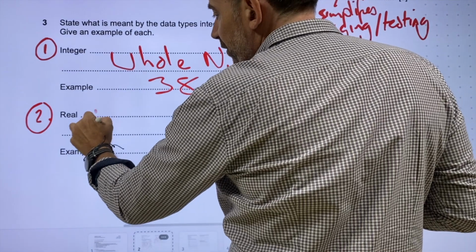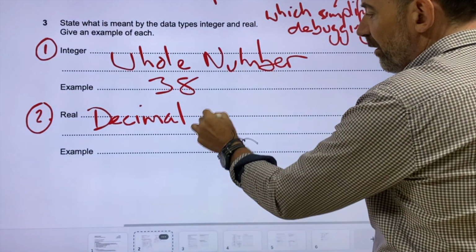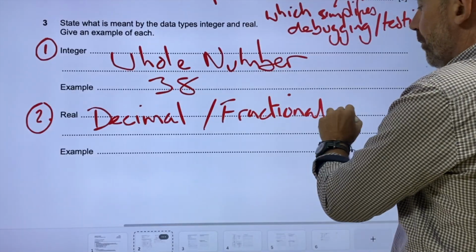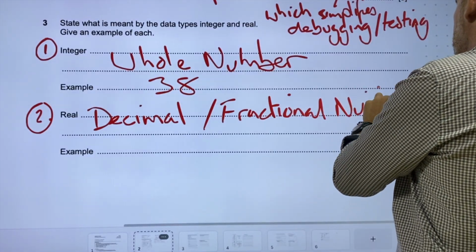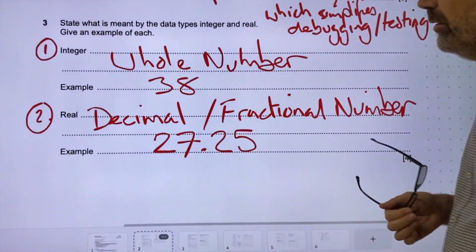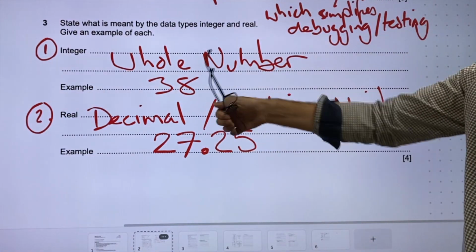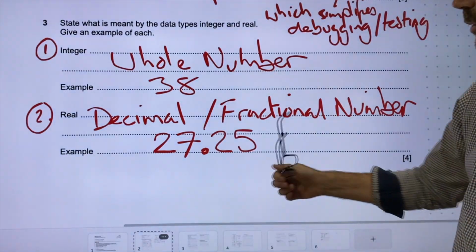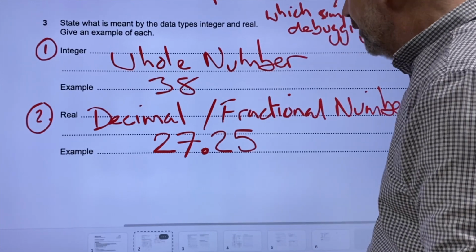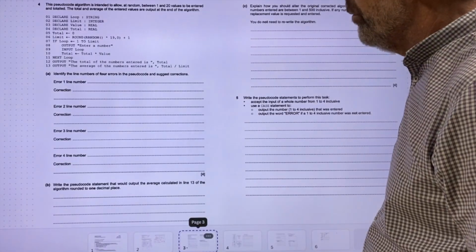And a real number is a decimal or a fractional number, 27.25. So that's a nice and easy one to get you 4 marks there. Whole number, give an example, a decimal number, 27.25. Any decimal number, any whole number, used for that. So that's that one over, 1, 2, and 3.